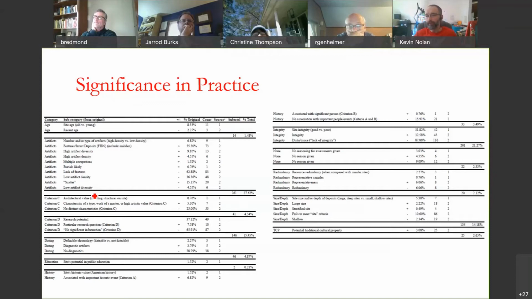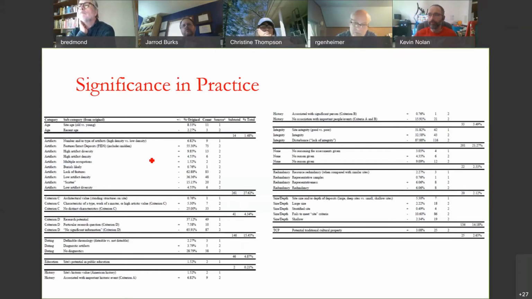Well, very few of them, it's less than a quarter of them, actually specify their recommendations in terms of the eligibility criteria. And so we end up with most of the recommendations being made that are not actually tied to those criteria. What most are using are the number of artifacts, the density of features, and the date, and those aren't criteria. Those aren't part of the criteria.